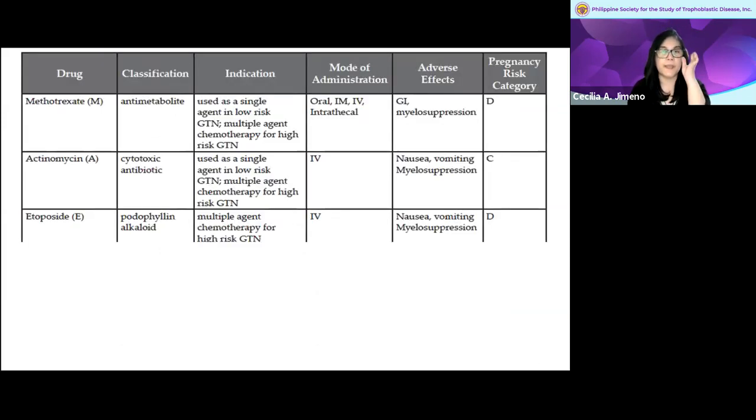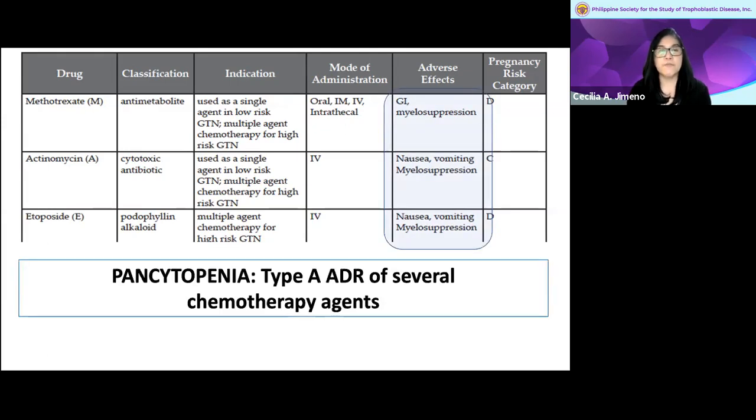And we know that for at least 3 of the chemotherapy agents, as Dr. De Quiros has explained, there can be effects on the blood cells through myelosuppression. So the rapidly dividing cells, such as the blood cells, are the collateral damage. And therefore, the occurrence of pancytopenia can be considered a type A side effect of several of the chemotherapy agents.